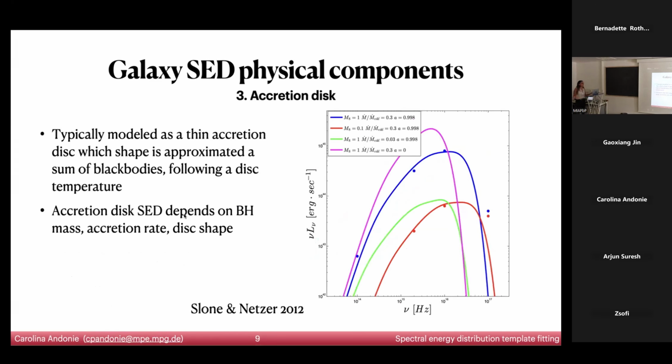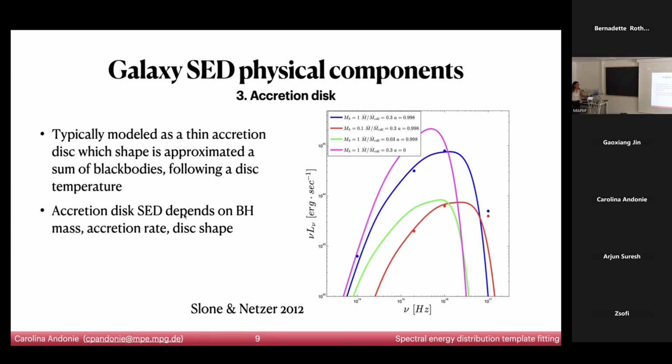Then we have the accretion disk model, which is one of the simplest models because in most of the cases we assume a thin accretion disk where the SED is approximated by a sum of blackbodies, which follow a disk temperature. So in this case, it's just a single shape parameter, which is affected by dust reddening.